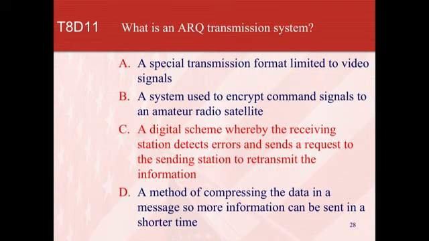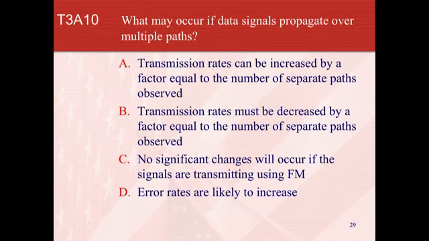It needs to send it again. That's automatic retransmission request? Yes. Yep. What may occur if data signals propagate over multiple paths? Go with D? Yes. So if it's reading 2 signals at once, it's probably not going to be very accurate.